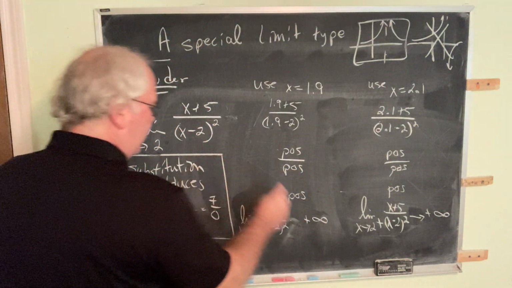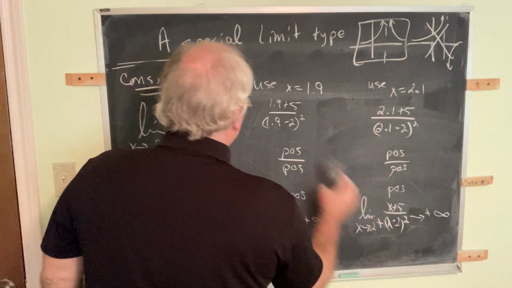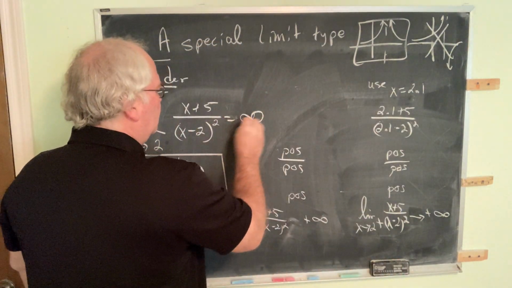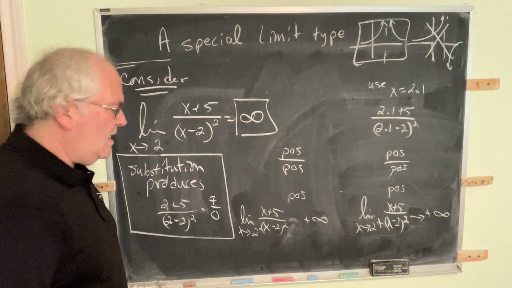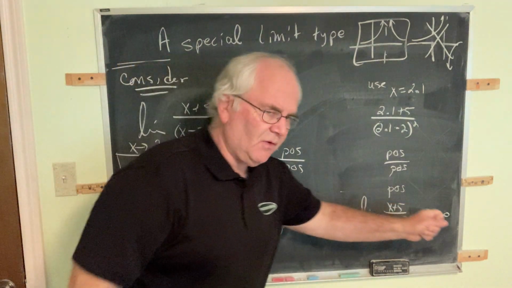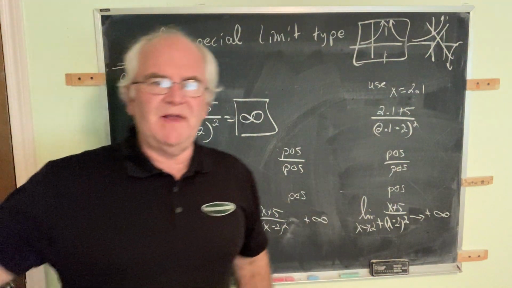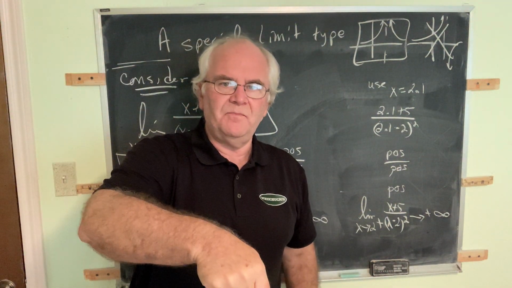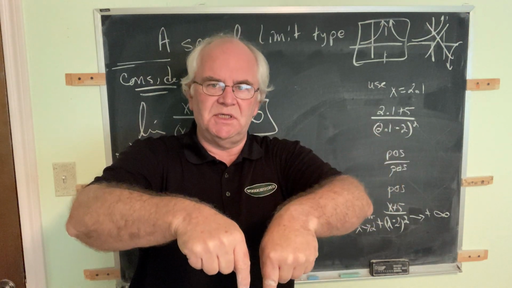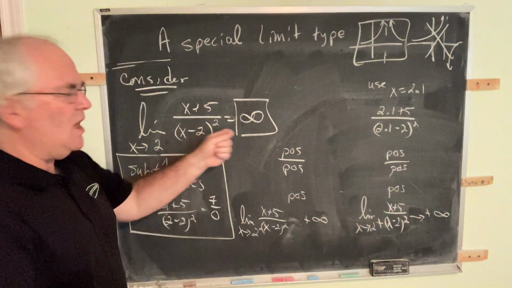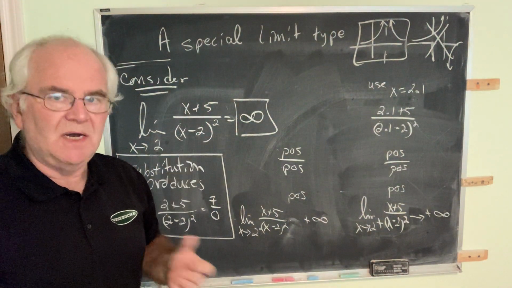What we may write now is this is equal to positive infinity, because the left-hand approach and the right-hand approach gave us the same value. If the left-hand approach goes to negative infinity, and the right-hand approach also goes to negative infinity, then the unrestricted limit would go to negative infinity, because they agree.